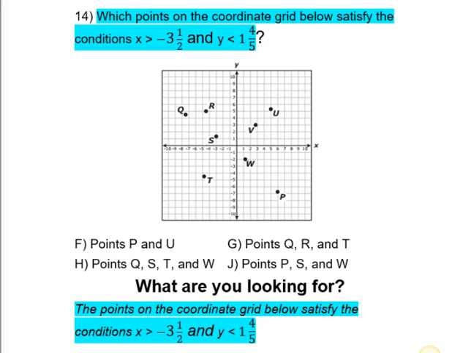We are looking for the points on the coordinate grid that satisfy the conditions x is greater than -3/2 and y is less than 1 4/5.